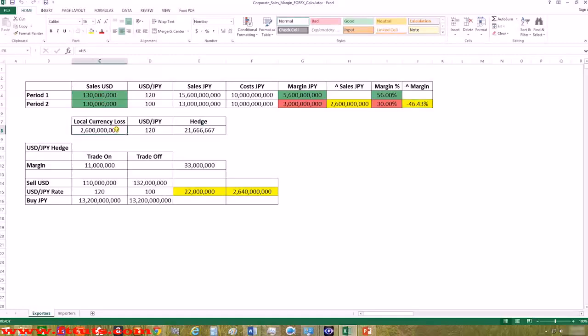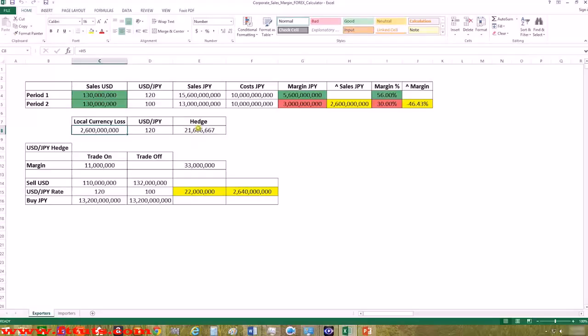So the local currency loss in Japanese yen, if we're looking now forward at period 2 and predicting what may occur, the local currency loss now is going to be 2.6 billion yen, so around 21.6 million US dollars.